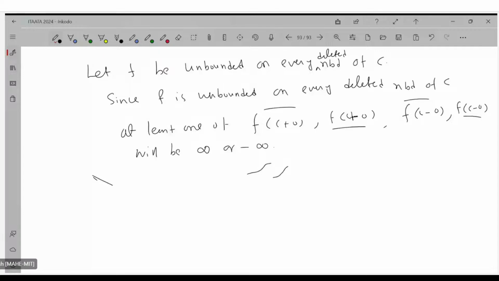If these two are both equal to infinity, or both equal to minus infinity, then we have one particular type of discontinuity. Let me write it down.